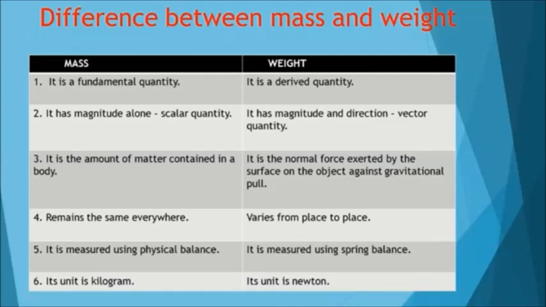Weight is the normal force exerted by the surface on the object against gravitational pull. Mass remains the same everywhere, whereas weight varies from place to place. Mass can be measured using a physical balance, whereas weight can be measured using a spring balance. The SI unit of mass is kilogram, whereas the SI unit of weight is Newton.